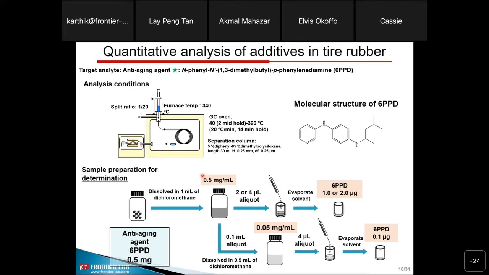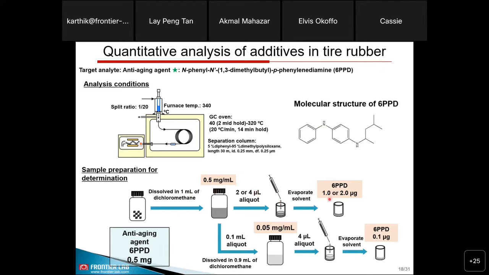So this can be done by thermal desorption. To do a quantitative analysis, you have to establish a calibration, for which you need the standard. The standard is prepared by dissolving this 6PPD in dichloromethane, and initially you prepare a stock solution of 0.5 milligram per ml, from where you can do further dilution, or you take a small portion of this concentrated stock solution and evaporate.